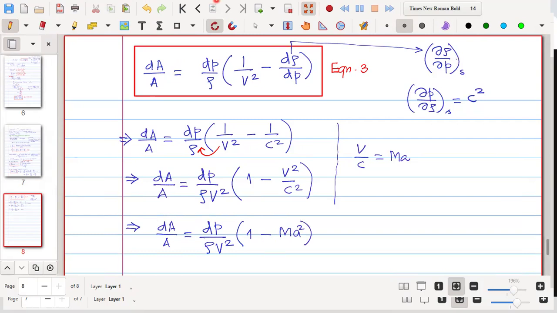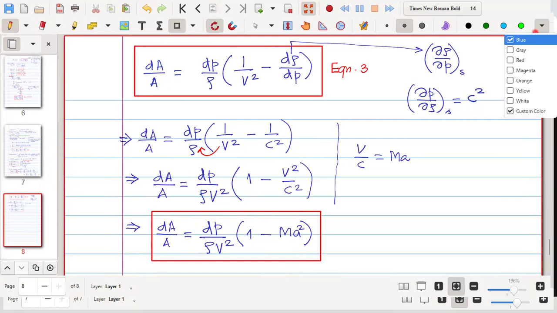This is one important relation. So this is the equation 4. Okay. This is equation 4.